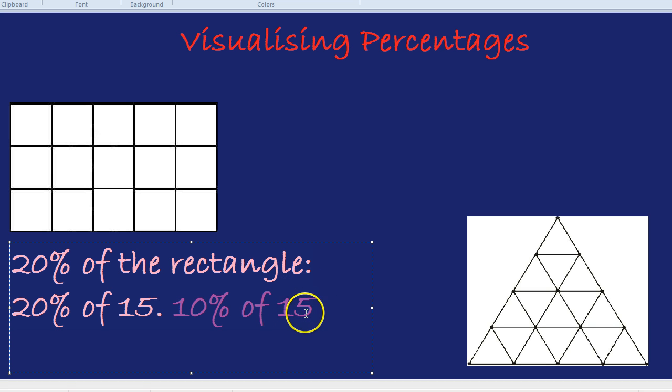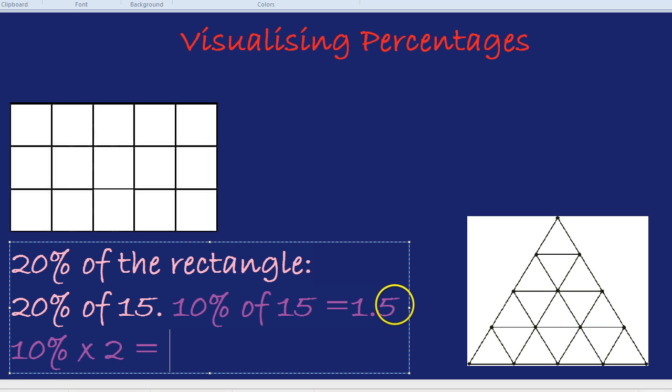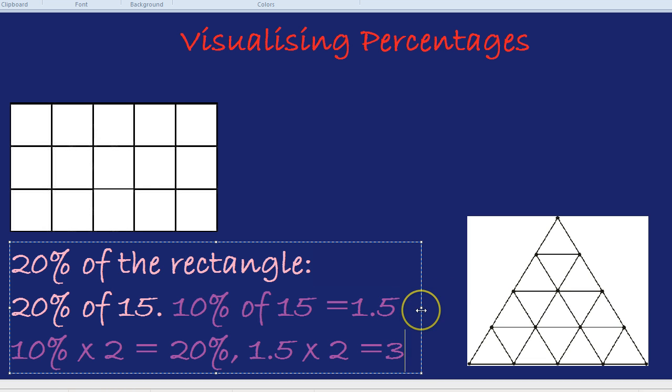This would become 1.5. 10% of 15 is 1.5. And now we said that 10% times by 2 gets us 20%, so we're going to do 1.5 times by 2, which is, if you double it, 3.